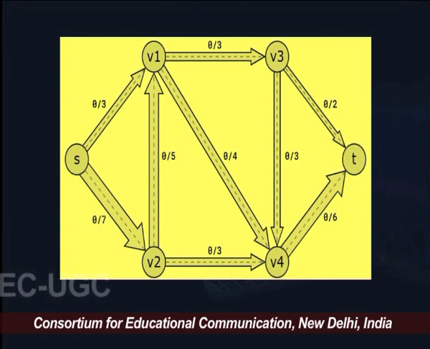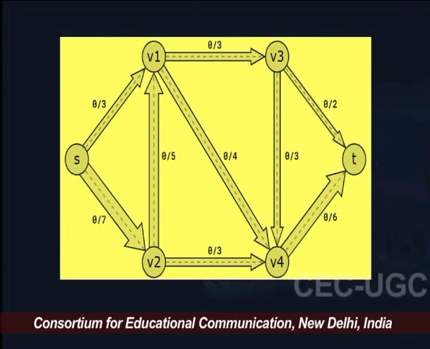So for example, you can see the figure which is available on the screen. S here is the source, and after this we have the vertices V1, V2, V3 and V4, and finally we have a sink node which is known as T. You can see that this node S, which is considered the source node, does not have any incoming edges.